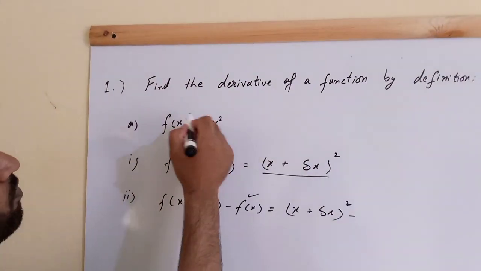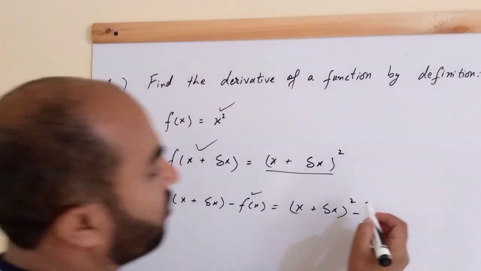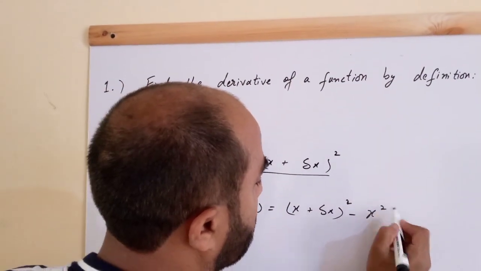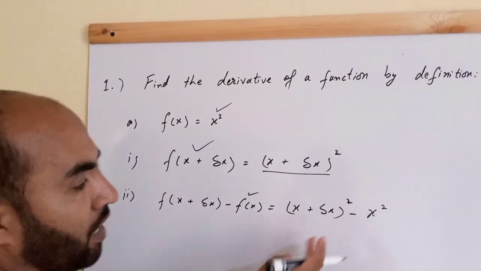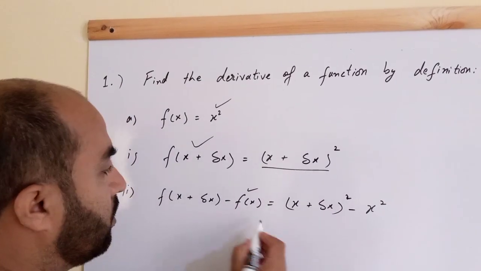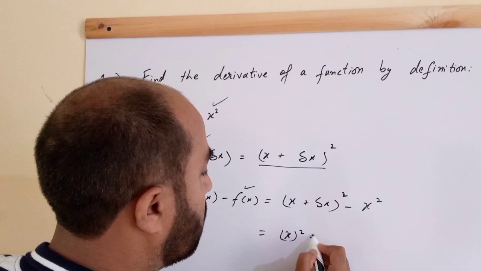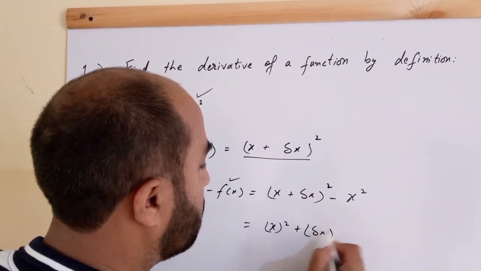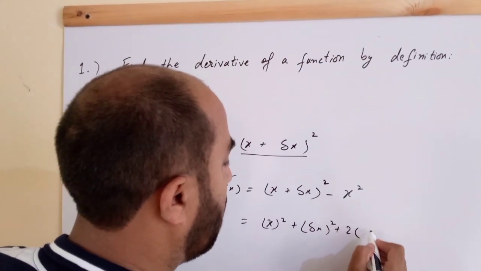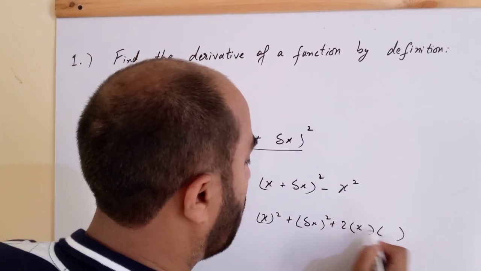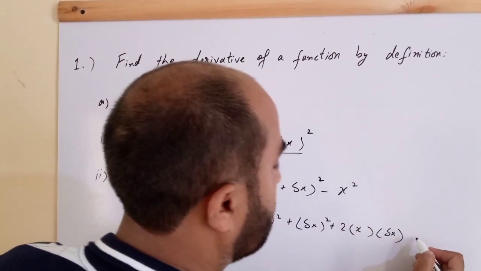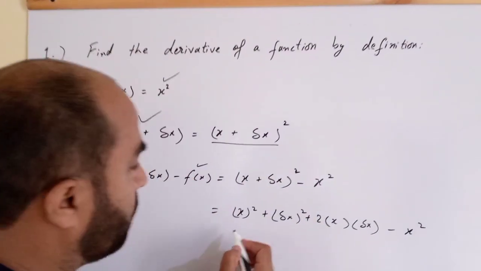Where is f of x? F of x is this one. We have to put the value of f of x, which is x squared. So we have to simplify this a little bit. Open this formula: it will be x squared plus delta x squared plus 2x delta x, minus x squared.